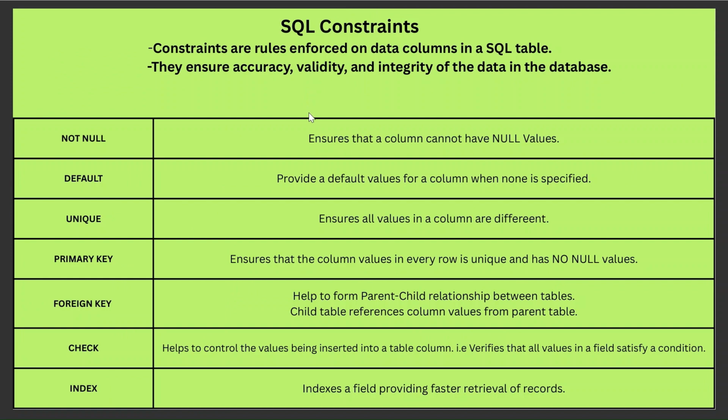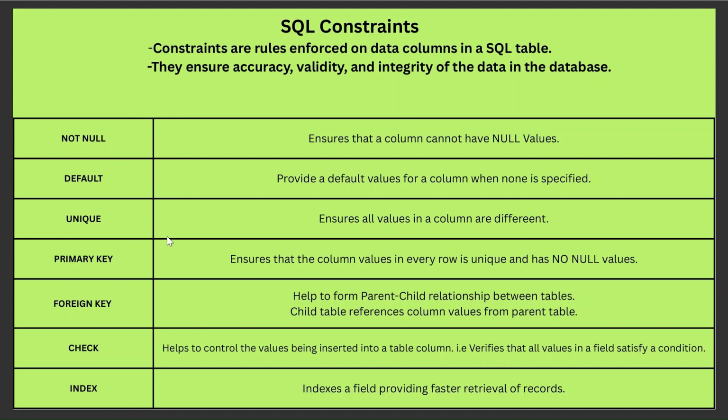And then you have constraints. Constraints are rules enforced on data columns in a table. For example, if you want your column not to have null values, you're going to put rules to ensure that your column will not contain null values.